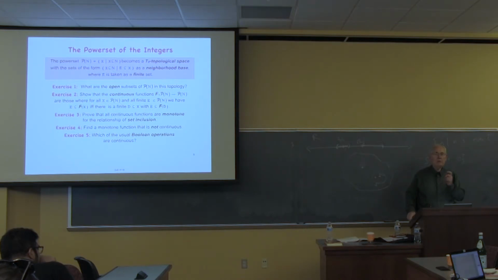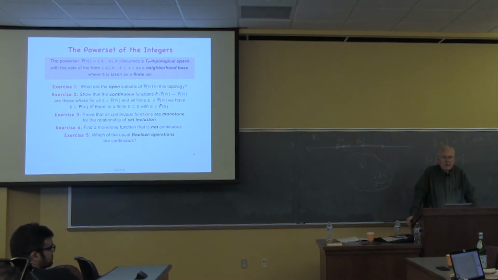And so if a neighborhood means give a finite set for the neighborhood base, I have to say this right, a finite set determines a basic neighborhood of all the sets containing that finite set. Okay, and so you have to be a little bit careful here in which way they do.